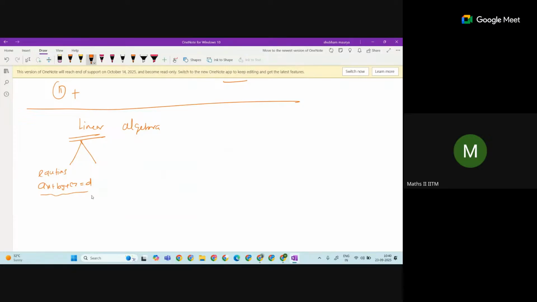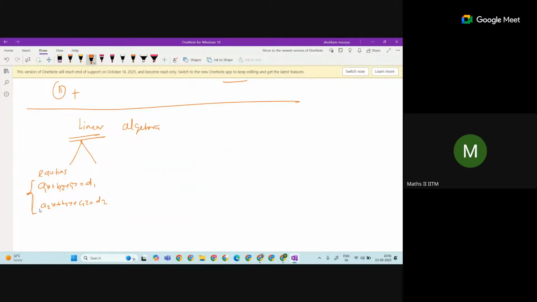I think solving linear equations is already in Maths 1. This may not be only one equation; you may get two equations also. Let's say a1x plus b1y plus c1z is equal to d1, and a2x plus b2y plus c2z is equal to d2. So I have two equations simultaneously, and I want to solve them.